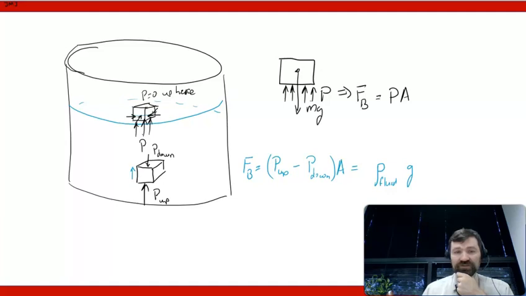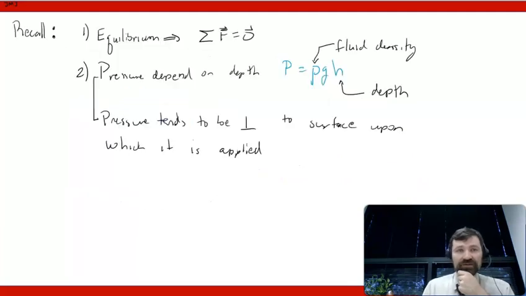If we say that the block has a height h, then we can still say rho g h, or rho g delta y. So this one right here might be a y. A difference in pressure, delta P, would be rho g delta y.